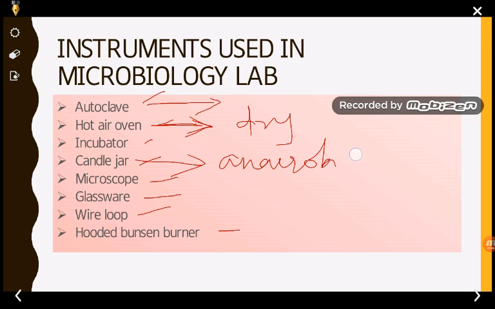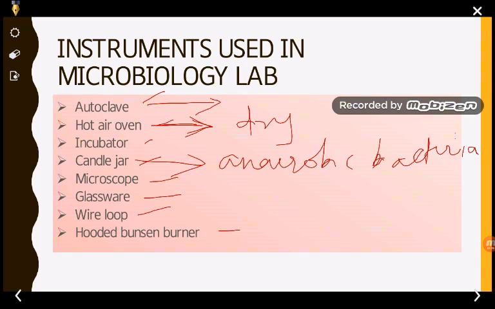There are various bacteria which grow only in an anaerobic environment. Next is the microscope. The microscope is required in order to view whatever experiment has been conducted on a magnified scale.